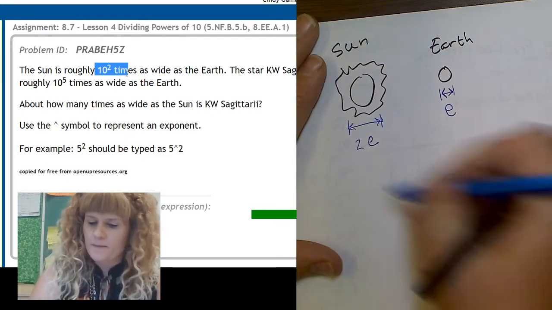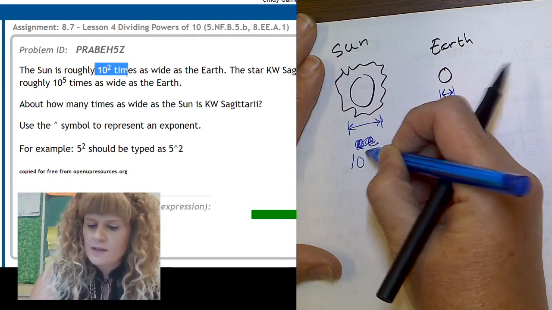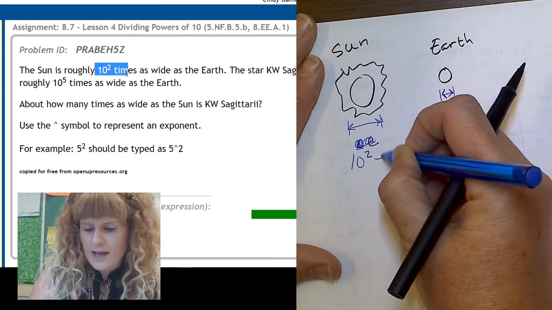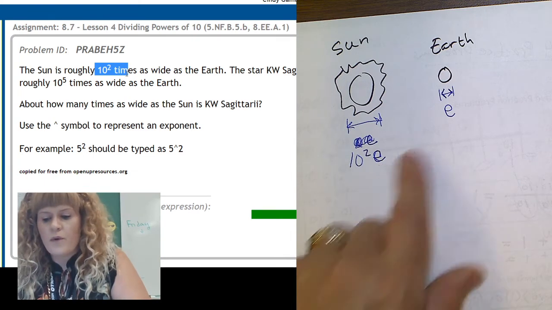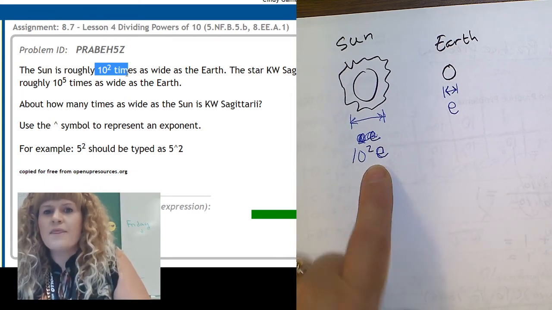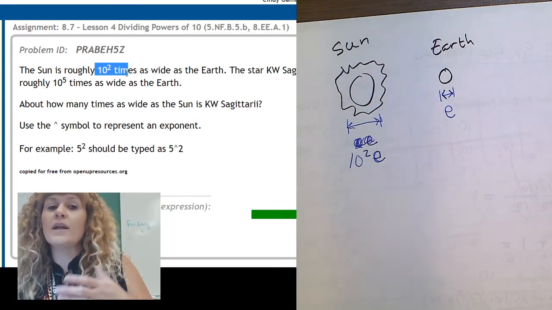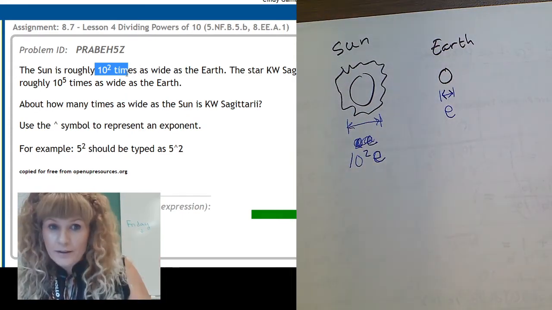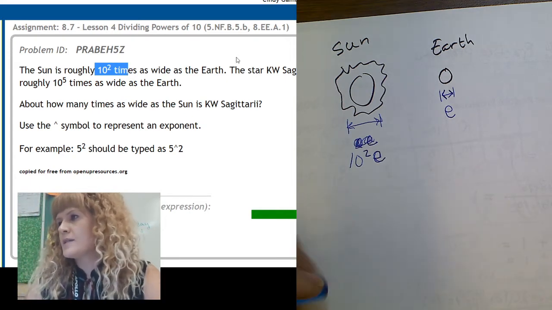What am I thinking? 10 to the power of 2 times as wide as the earth. So E stands for the width of the earth. If I multiply that by 10 to the power of 2, that is how wide the sun is. So it's a lot wider. It's 100 times wider. You can't see that in my picture. Now, let's keep reading.